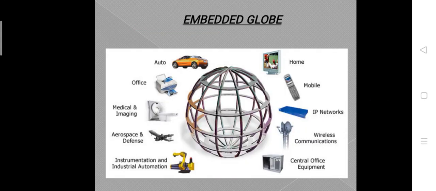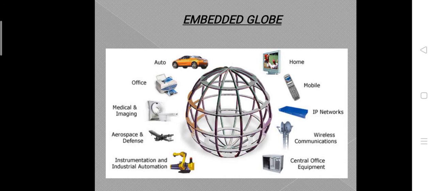Now, embedded as a globe, you may find use of embedded system in automobile industries. You may find it in offices. You can find it in medical and healthcare industries. Embedded systems find a wide variety of applications in aerospace and defense departments.